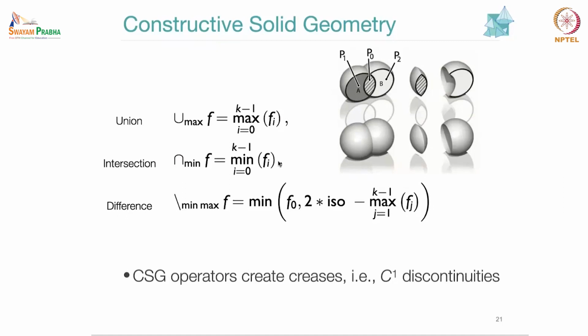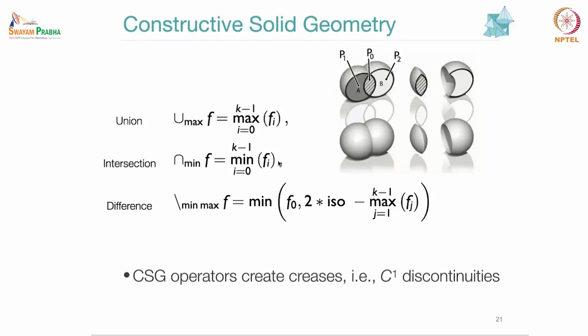Basically, you have values for every point in space. So if you want to calculate the resulting field, you have two input fields and you want to calculate the output field. What you do is you take a max of the input fields at a point, and then the max defines the final value. For every point in space, you do the same.